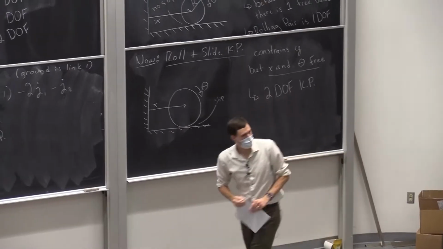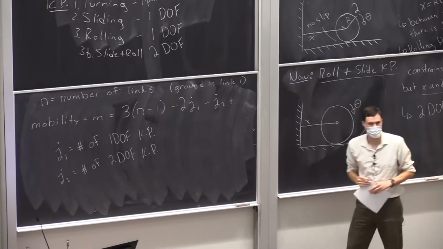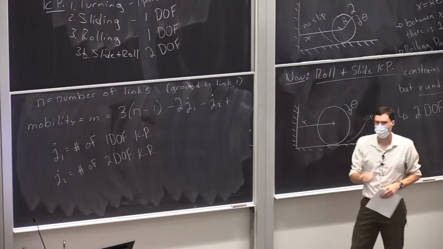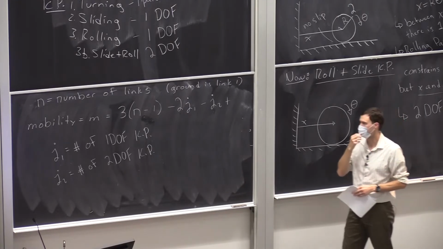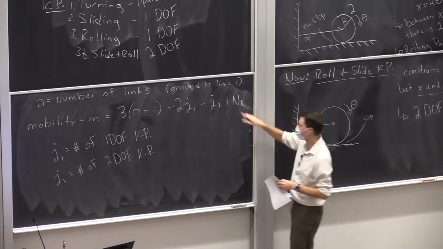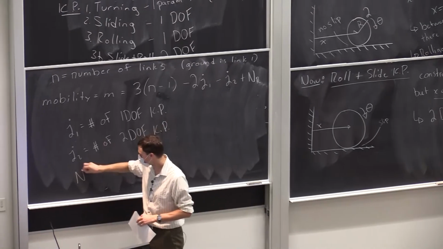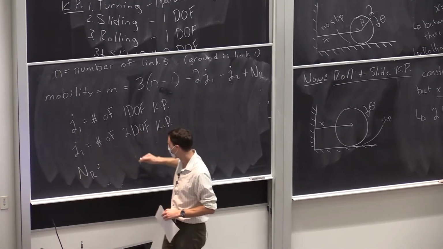I'm going to add one last thing to this, which we'll come back to not today, but in the tutorial. Robin will touch on it, and in the next lecture. I'm going to add one thing here, which is n subscript r, because sometimes we get into a little bit of trouble.